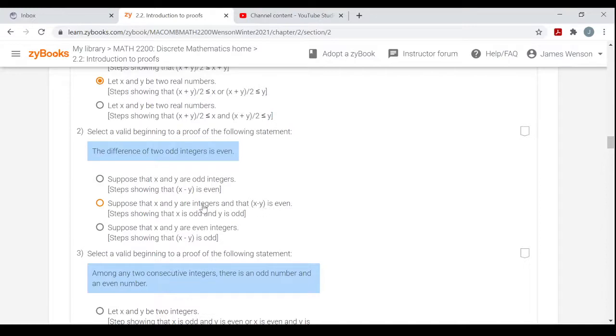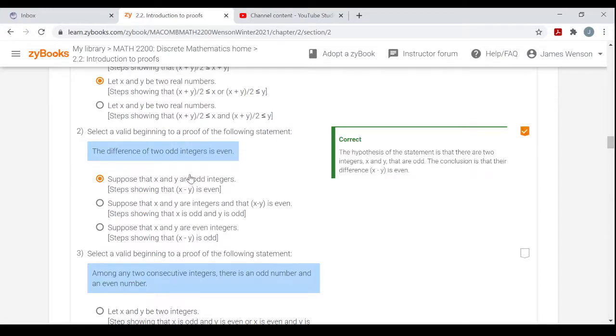This is saying the difference of two integers is even, not two odd integers. So it's this first one where I would suppose that I have two odd integers, and then I'd write down steps to show that x minus y was even, the difference between them was even. I want to end with, not start with, the difference being even.